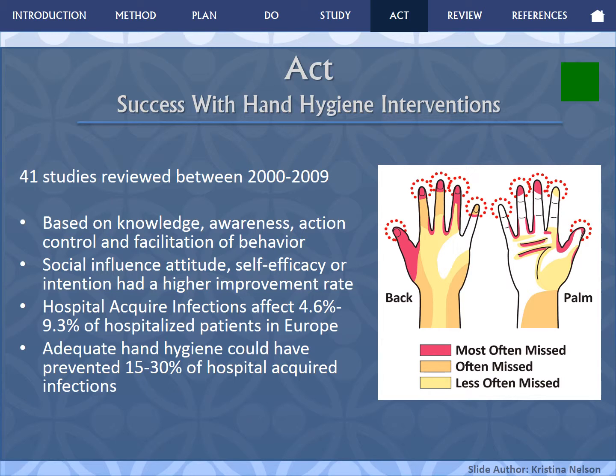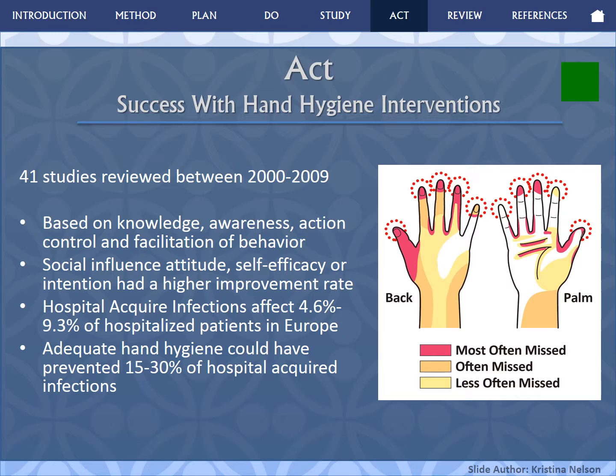There were positive results within the control study, which found that using one determinant gave a 17.6% compliance rate of hand hygiene, but when using a combination of determinants, there was a 49.5% compliance rate on hand hygiene behavior.